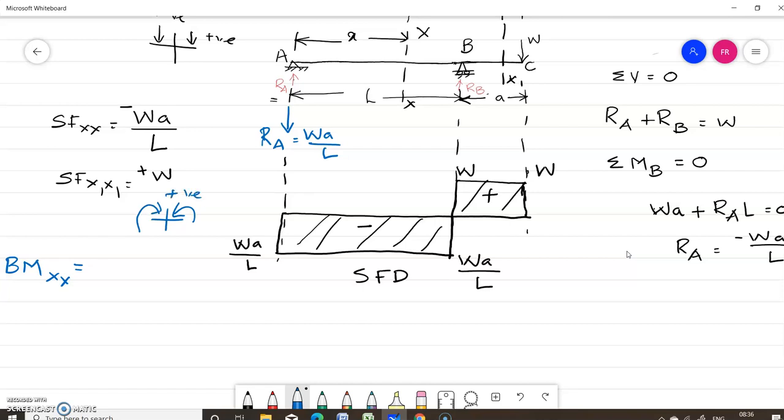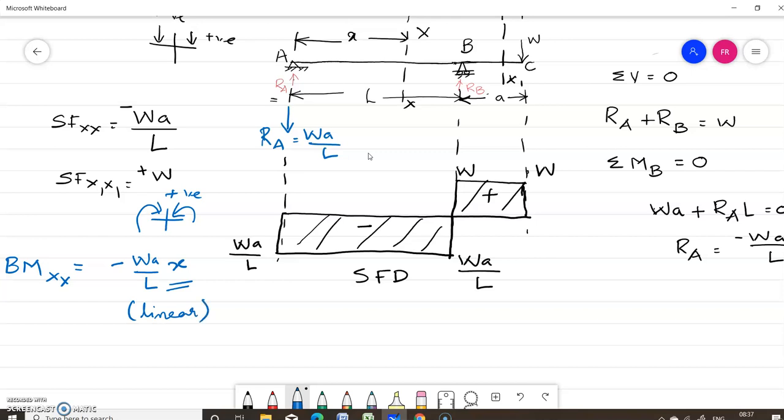So this Ra is trying to rotate this member x about the section XX in the anti-clockwise direction. So it is minus Wa by L into x. Okay, so here you can see the variation is linear because bending moment varies with x.